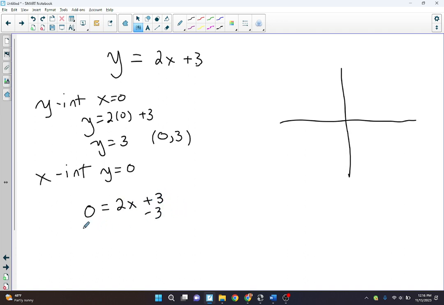I have to subtract 3 on both sides. Negative 3 equals 2x, divided by 2 on both sides. I'll try to make sure these are whole numbers for you, okay? x equals negative 3 halves, or if I were to turn that into a decimal, negative 1.5. So this is negative 1.5, comma 0.